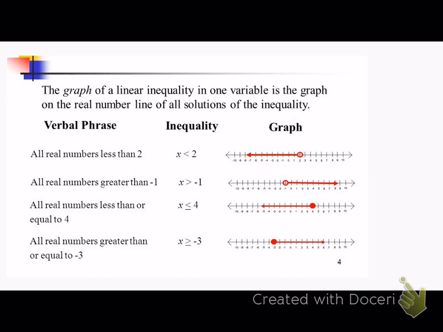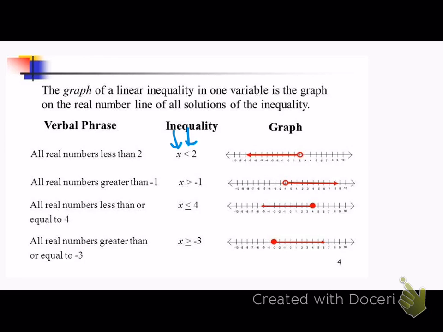Notice when we view the graph of these, if you are not equal to, it's an open circle. If you are equal to, it's a closed circle. The easiest way I can think about these, as long as your variable's on the left, treat them like an arrow. Which way is the arrow pointing in number 1? X is less than 2. Left. Which way do we shade? Left.